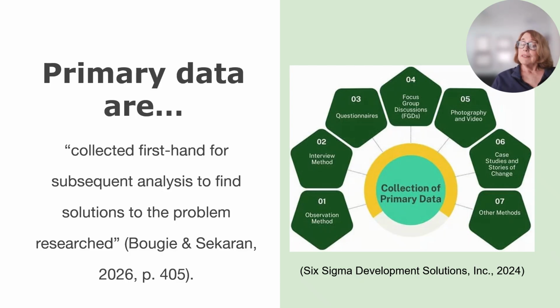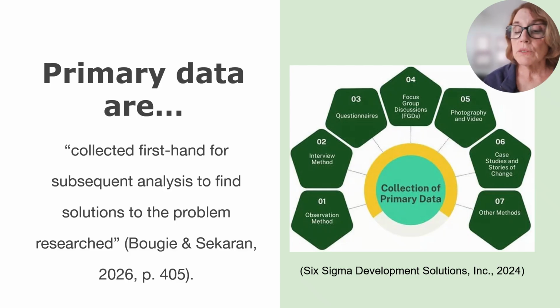Questionnaires, surveys, the same. You can have open-ended questions that are analyzed thematically because they're answered in words. And you can also have numerical data, such as a Likert scale question. And we'll talk more about Likert scales and other scales in the course. Focus group discussions, photography and video, images can also be considered primary data.